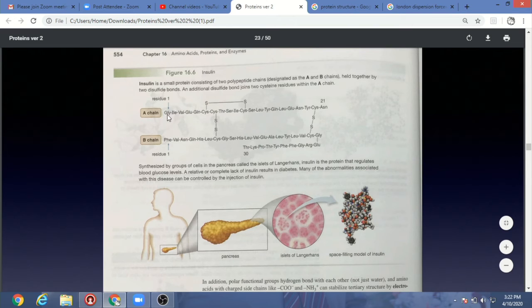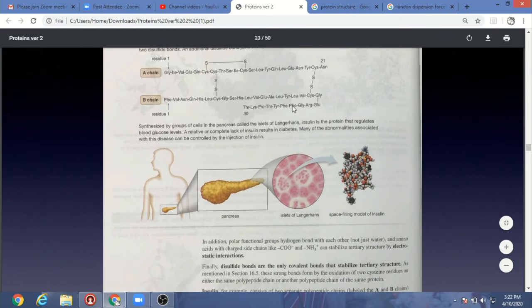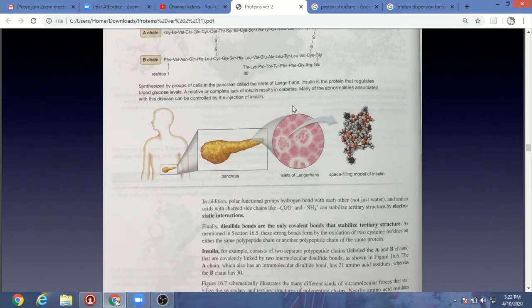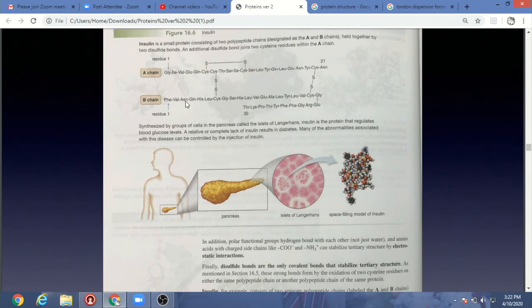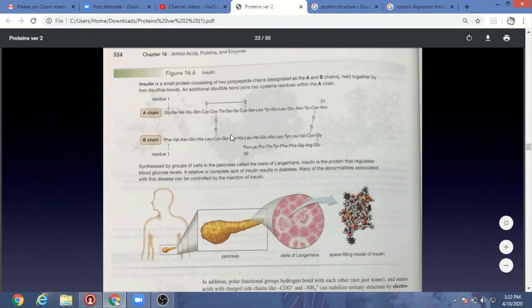Here's your A chain that has 21 amino acid residues, and the B chain has 30 amino acid residues. Oh, the numbers were here, I didn't have to scroll down. Sorry. 21 and 30 amino acid residues. You have your A chain and you have your B chain.